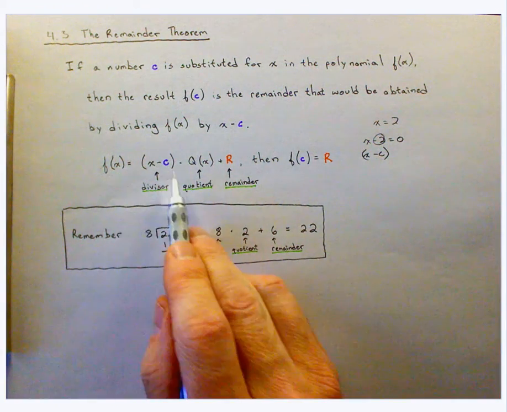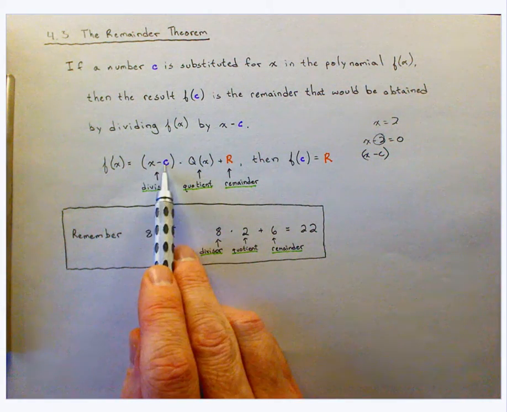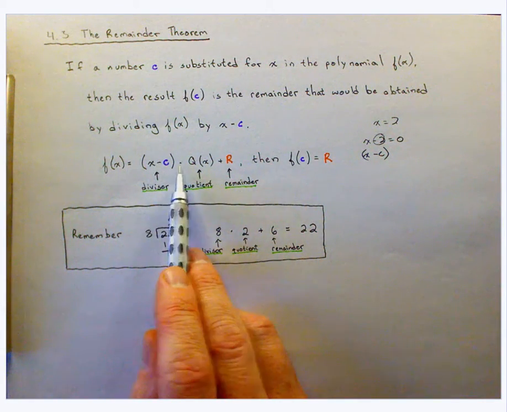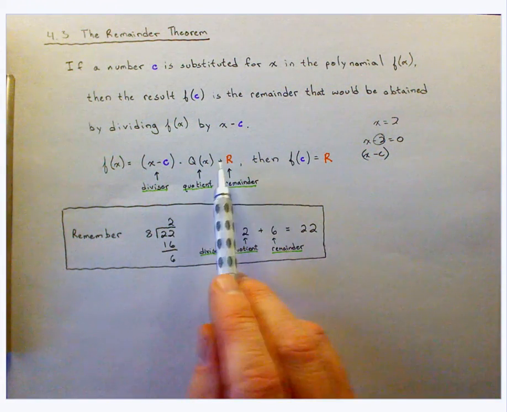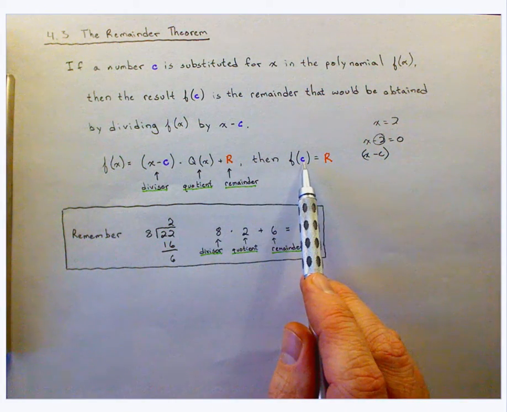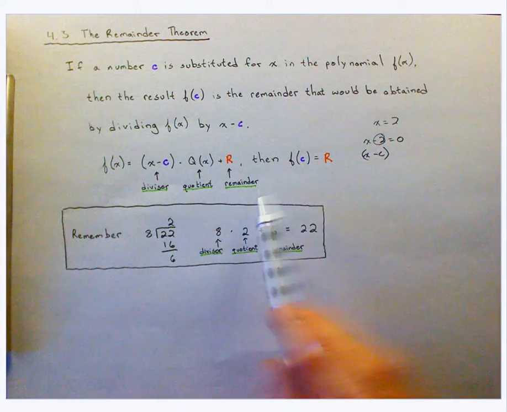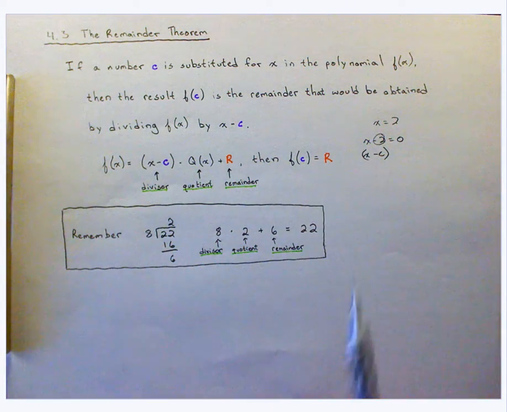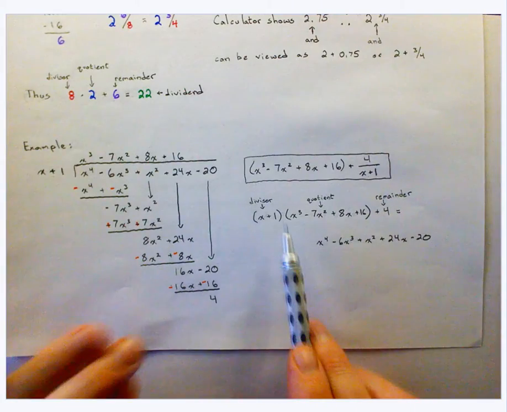Then this is what we know. If we take the divisor, x minus c, and multiply it by the quotient, the answer, and then add the remainder, then f of c, that value of x that I solved for, is equal to the remainder. The value of the function is the remainder. And we looked at that over here.